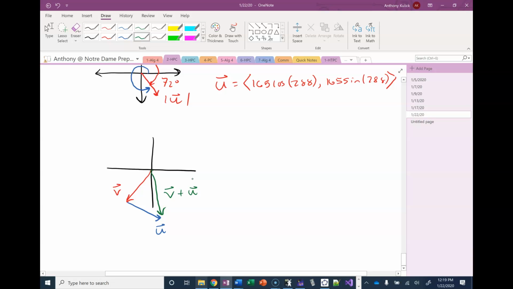Everybody kind of agree with that? Because it's literally vector u.